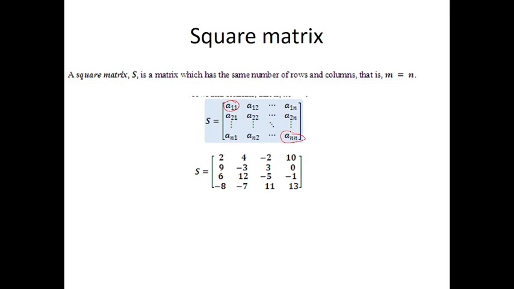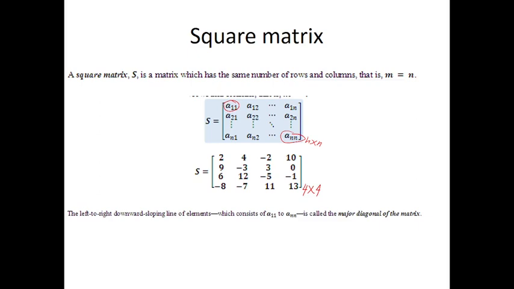In this example, this is an n by n matrix. In this case, this is a 4 by 4 matrix, which is a square matrix, comprising 4 rows and 4 columns.